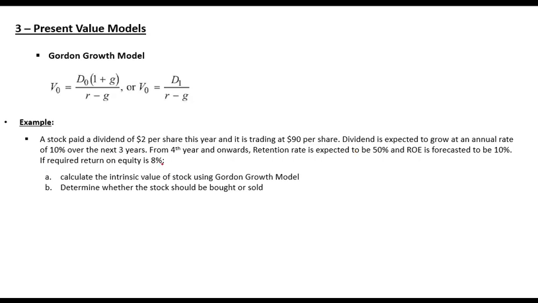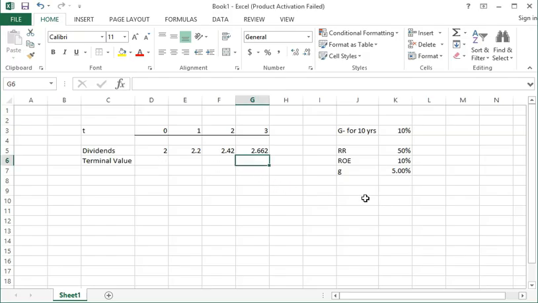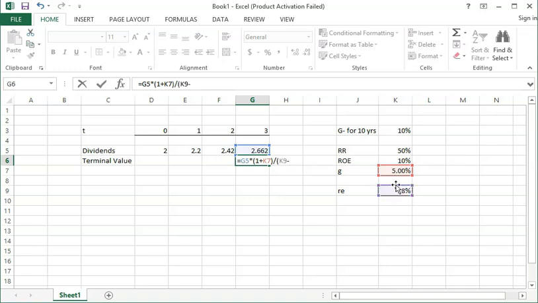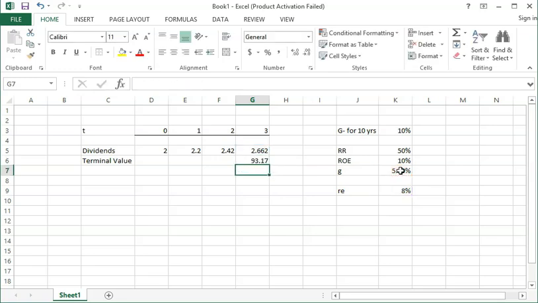The required rate of return on equity is 8%. Required rate of return on equity can be different from return on equity. Those two are different. Any confusion so far?